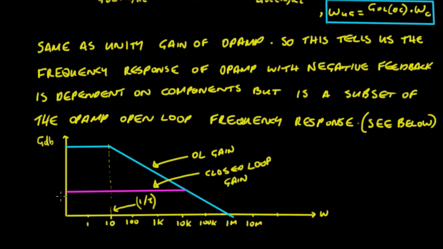So the gain is determined by the external resistors and not by the gain of the op-amp. But at high frequencies, as we've just seen here, the gain is dependent on the actual op-amp. So that means that the transfer function for this circuit would be controlled by the resistors at low frequencies, but controlled by the op-amp at high frequencies.